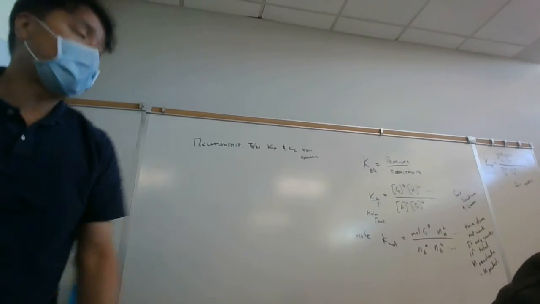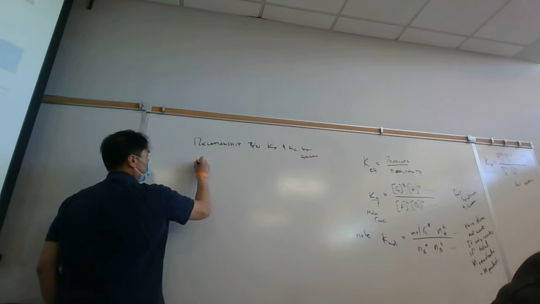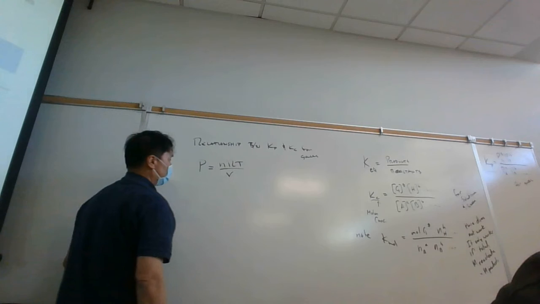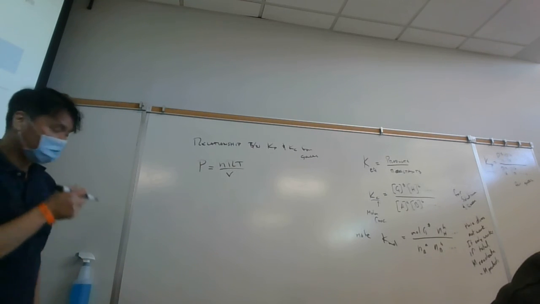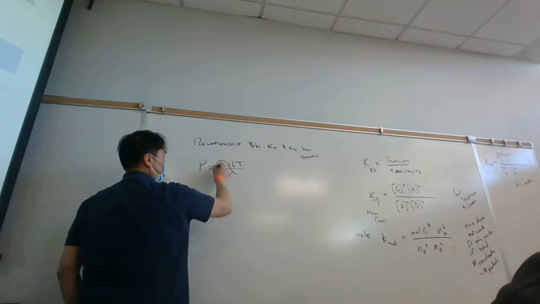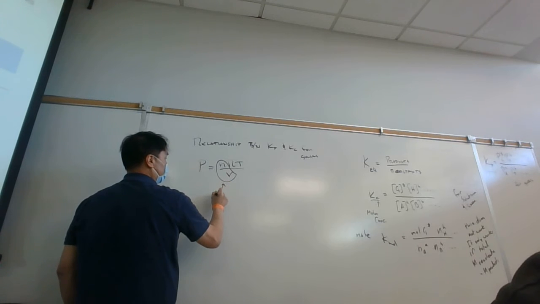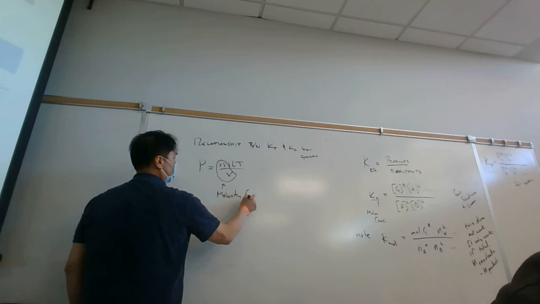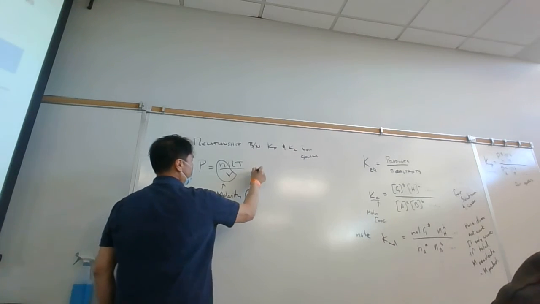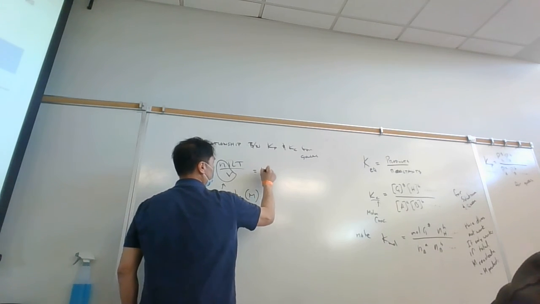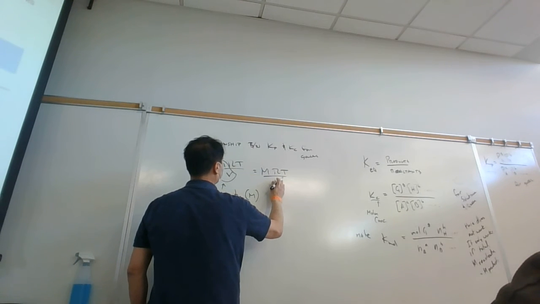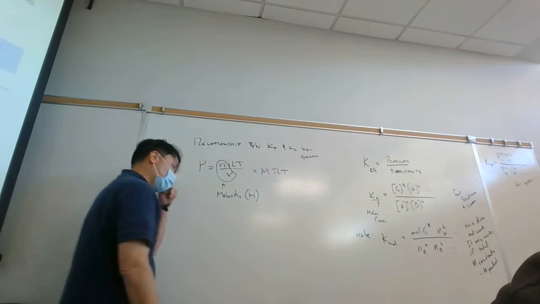If I have an ideal gas, then we know that the pressure is equal to nRT over V. n over V is moles per liter. Moles per liter is the molarity, so I'll give it the symbol M. And so P is equal to the molarity times R times T. That's it.